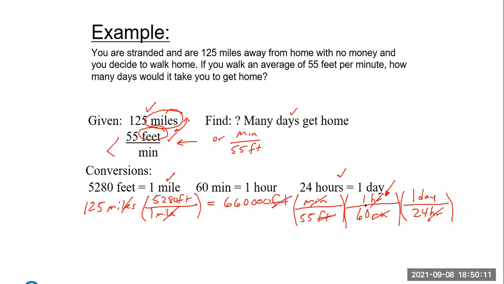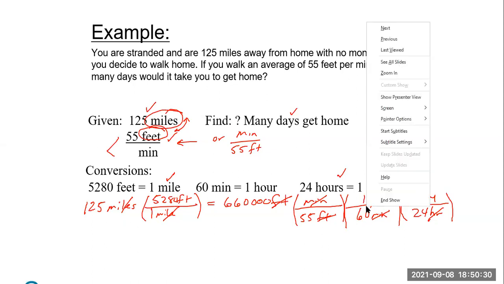So that's basically 660,000 times 1 times 1 times 1. Don't really need to put that in, but you can if you want. Hit equals. Now here again is a situation where people will sometimes get the wrong answer because they want to put everything on the bottom in their calculator all at once. If you don't do parentheses correctly, you will get the wrong answer.